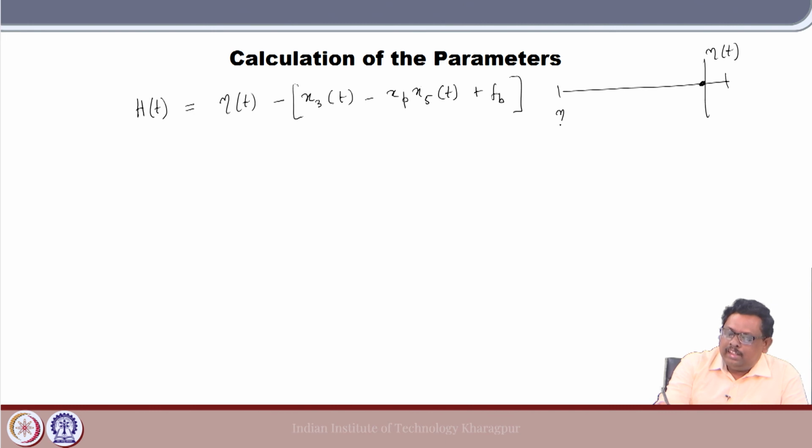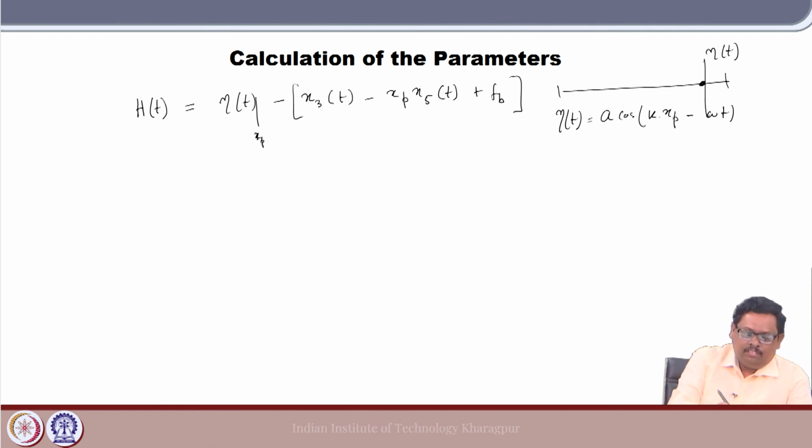So, I can write eta t as A cos k into x p minus omega into t. Here I am writing eta t at the point x p.